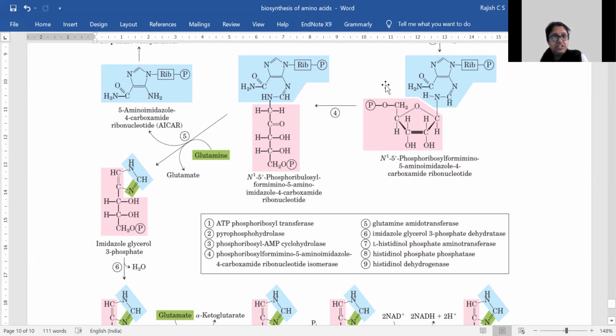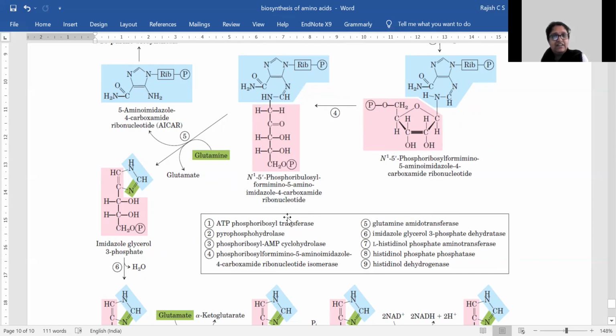Other than that, there are no changes over here, and that is done by the enzyme. Like I told you, to avoid double work, you basically have to remember the compound name. The enzymes are all synthase or hydrolase or isomerase. So over here it's phosphoribosyl 4-amino 5-amino imidazole 4-carboxamide ribonucleotide isomerase. Since this is an isomerase reaction, it is the name of the compound and then isomerase. So instead of the closed ring structure, we will have an open structure.